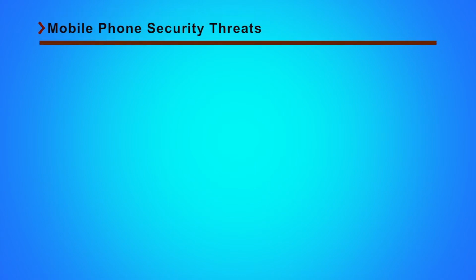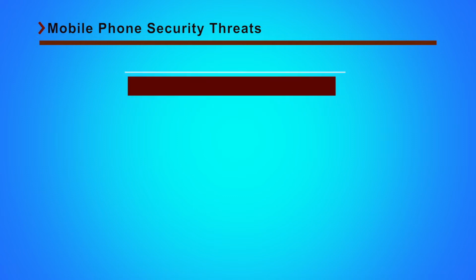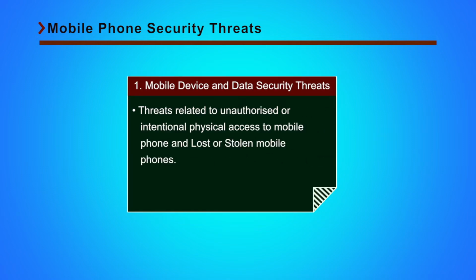Mobile phone security threats can be divided into three categories. Mobile device and data security threats: these are the threats related to unauthorized or intentional physical access to mobile phone and lost or stolen mobile phones.